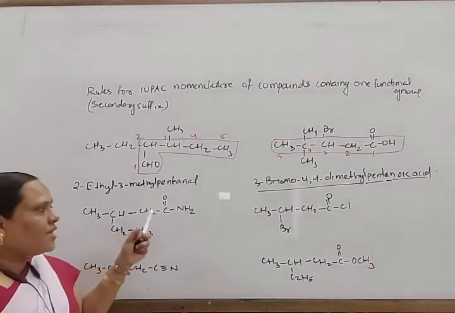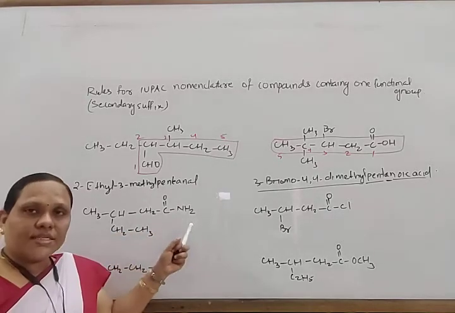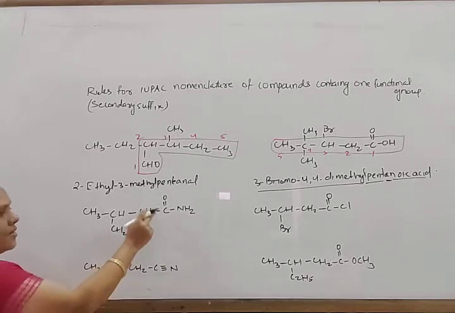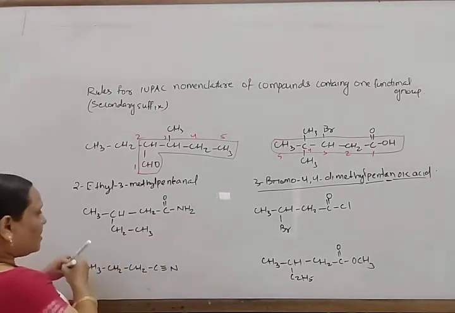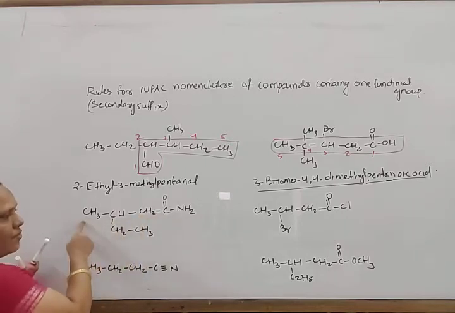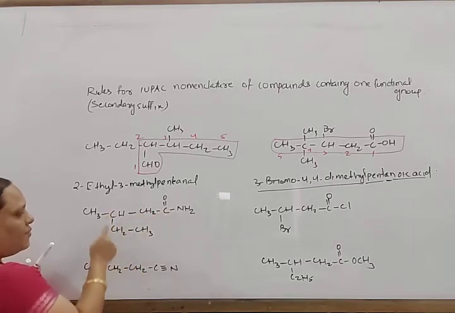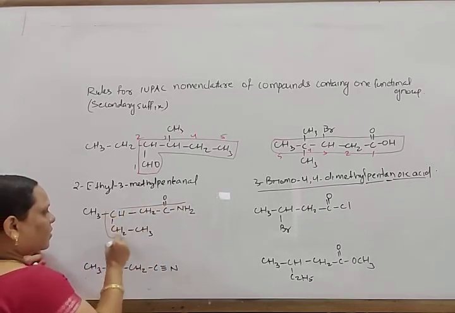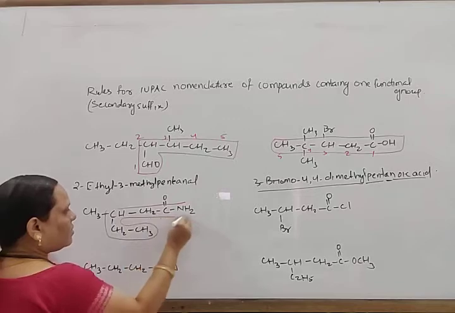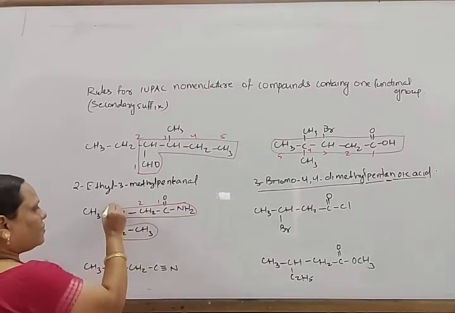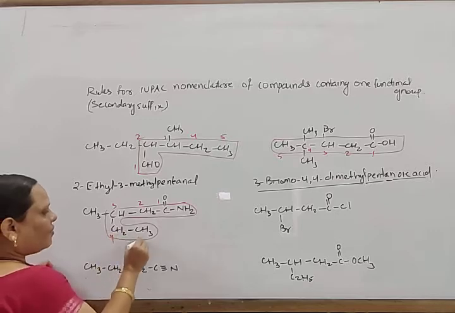Okay. Now next, come to here. So what is the functional group? With this CO, there is an NH2 group. This is CONH2, amide. So amide is there containing this carbon. Starting from this carbon, choose the long chain. If you count 1, 2, 3, 4, this is only 4 member. 1, 2, 3, 4, 5: 5 member. In this way, now this is the long chain containing carbon, and always start from here: 1, 2, 3, 4, 5.